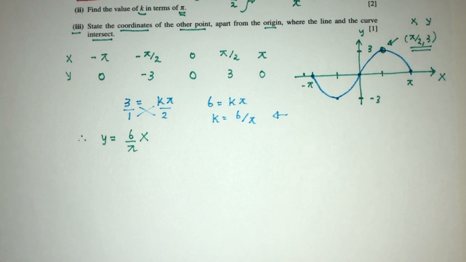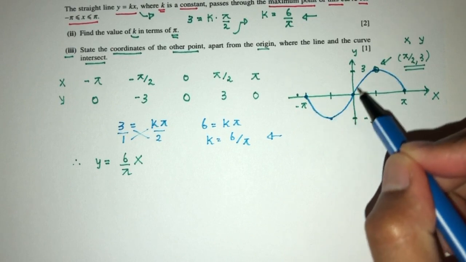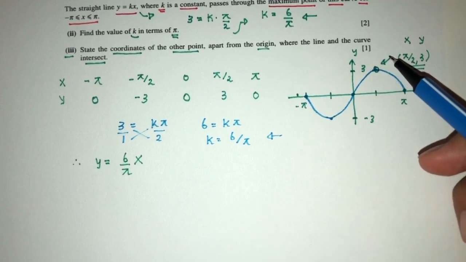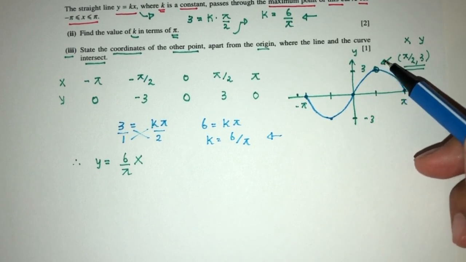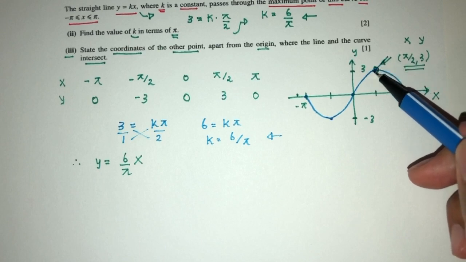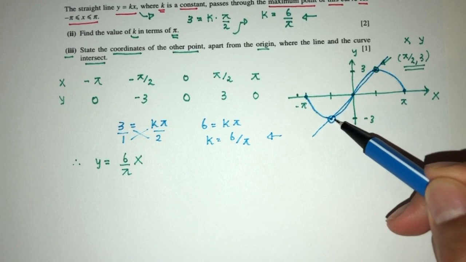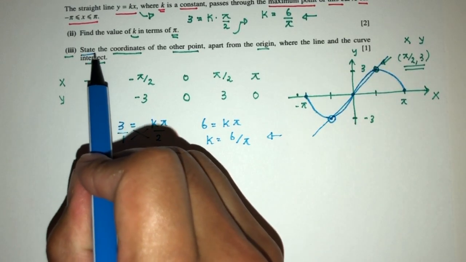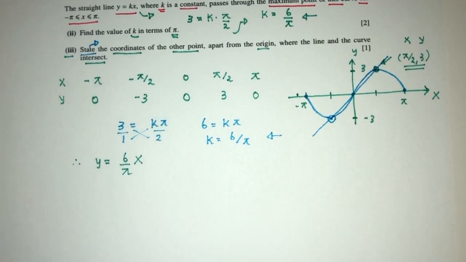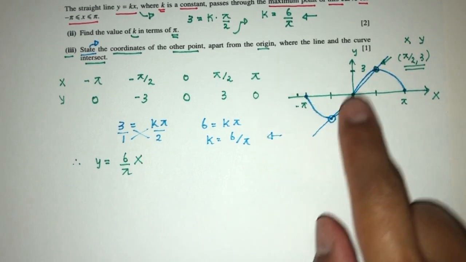So very simple. If you observe, this curve is symmetric, right? If my line passes at the maximum point, it also means that it would pass also at the minimum point. That's why it says state, should be pretty easy with no calculation, just by observation and understanding that your curve is symmetric.